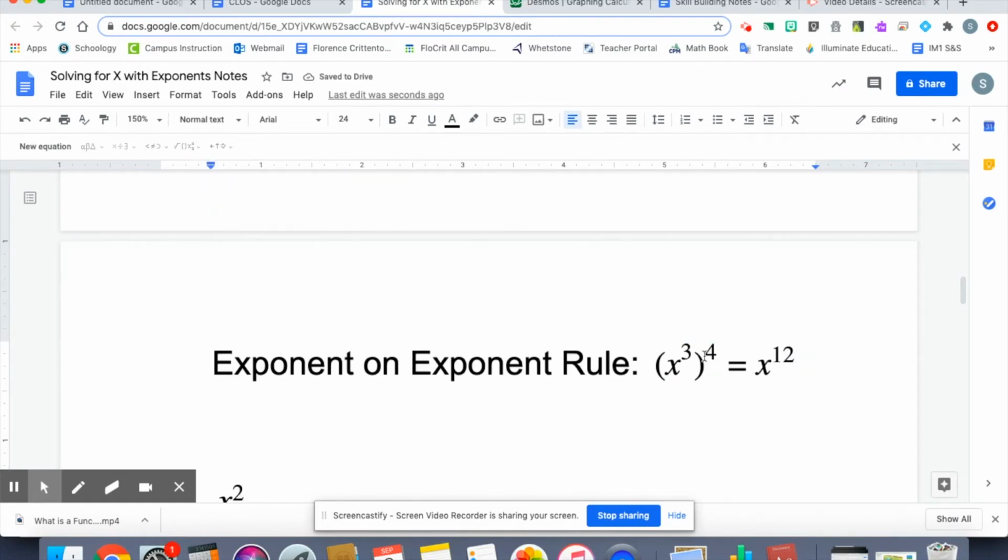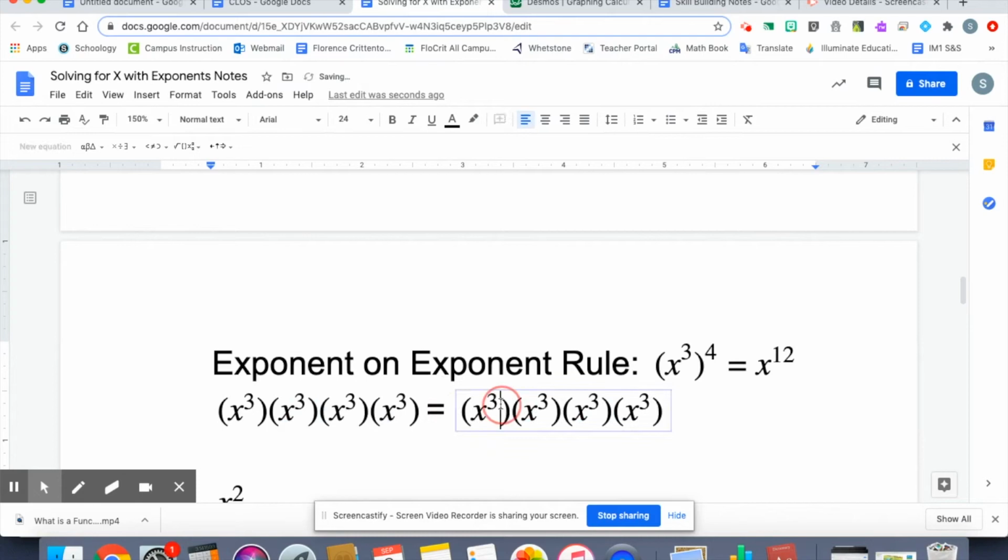x to the power of 3, all in parentheses, to the power of 4, first means that you have 4 of those parentheses. Then each one of those x to the power of 3 means that there's 3 x's for that one.